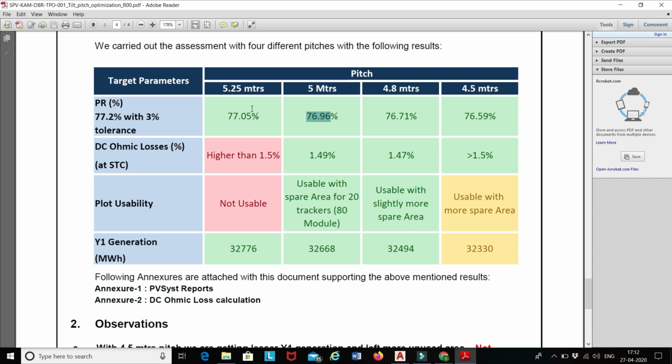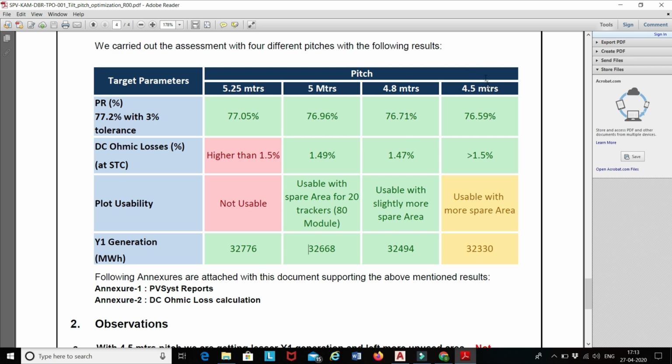Respectively, when we vary the pitch, the generation also increases. At 4.5 meter the generation is 32330. At 4.8 the generation yield is 32494, at 5 meter pitch the generation is 32668, and at 5.25 meter the generation is 32776.